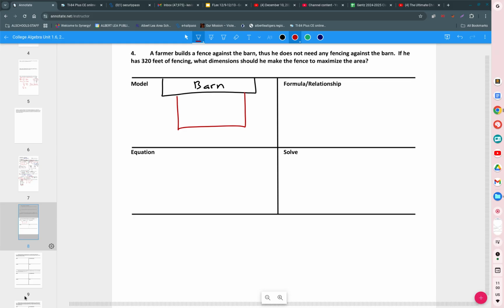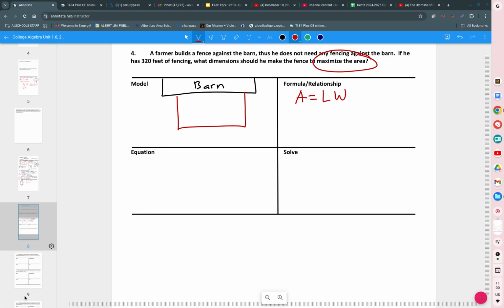What is the goal of this problem? Maximize area. That tells me the equation I write down. Area equals length times width. What else could I write down to help work this problem out?